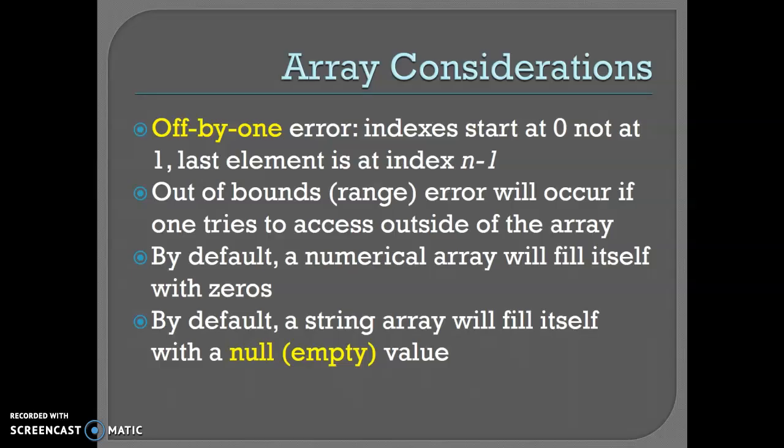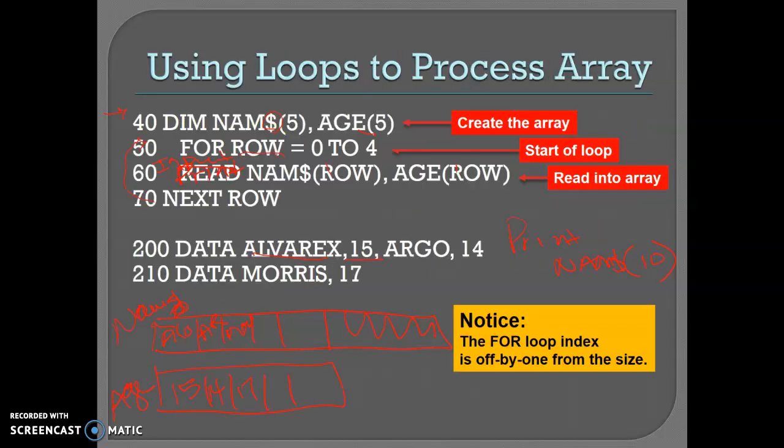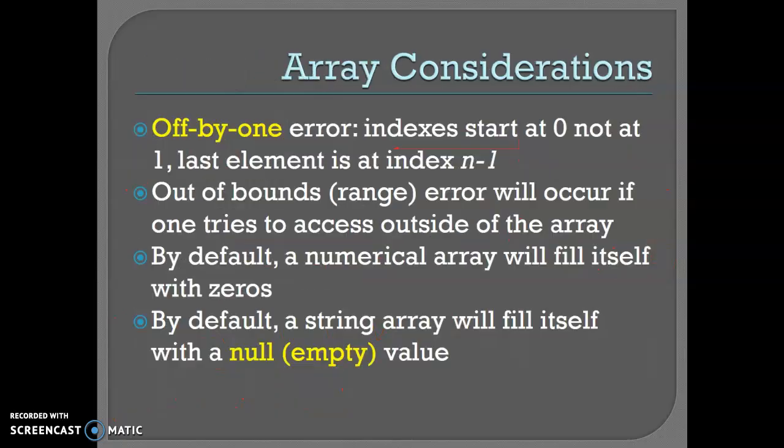Null means empty. So if I tried to print these before I filled them, I would get for name$ nothing to print. But for age, because it's of numeric type, I'll get all zeros. So by default, it gives default values of the empty set for a string array and a 0 for a numerical array.